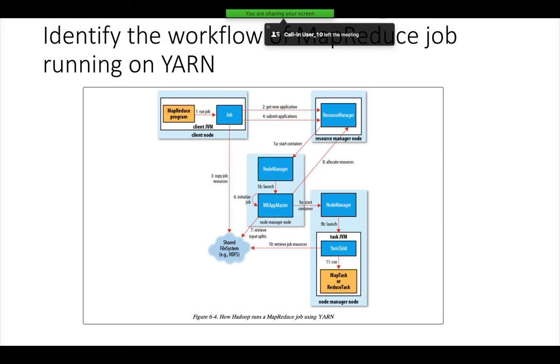Resource manager will keep track of the cluster, whether all the node managers are up and running or not, and then submission of the jobs is decentralized and taken care of by the application master, and this application master might start on any node in the cluster, okay, on any of the slave nodes in the cluster. The resource management is taken care of by the masters themselves in both the frameworks.